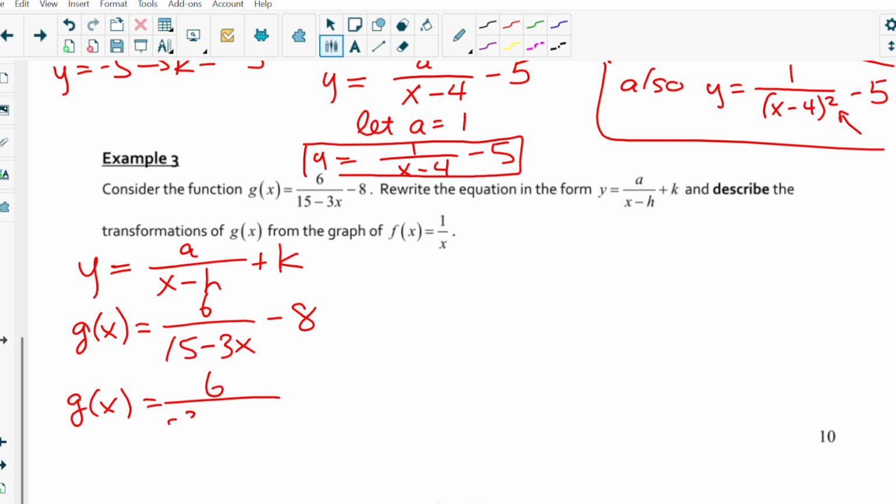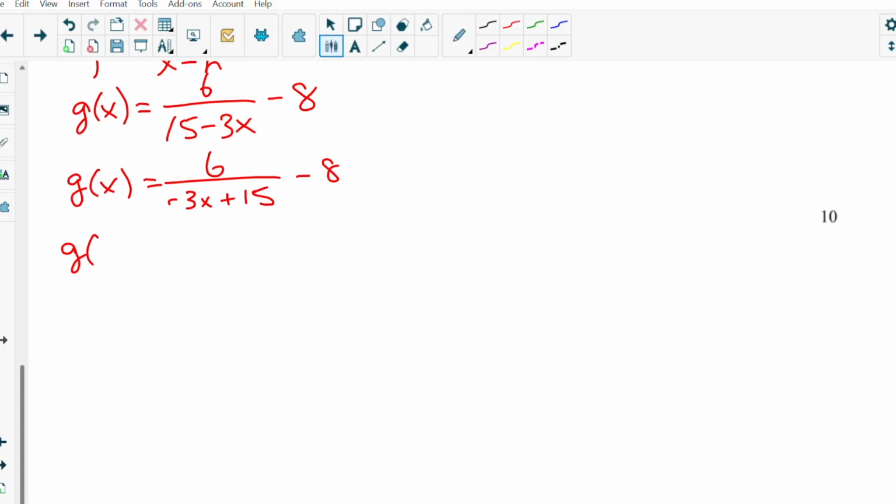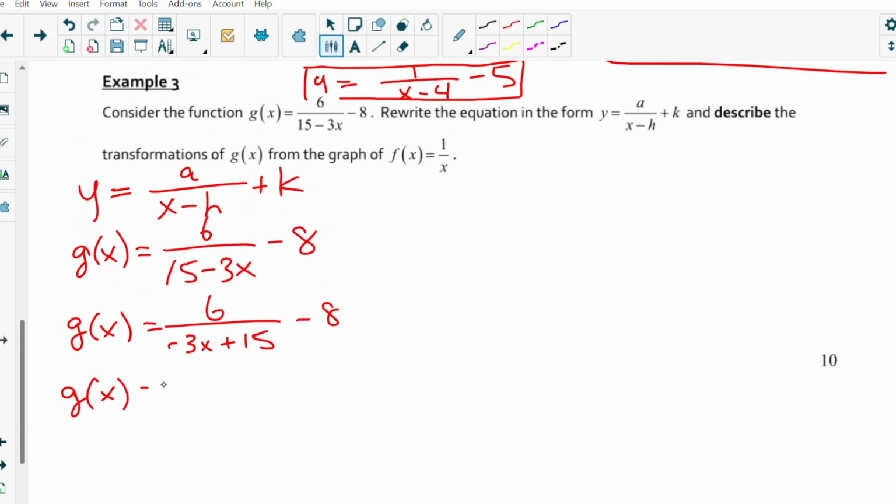First, let's reorder it, not changing the value, just reordering it, and then let's factor that denominator and see where that gets us. 6 over, I'm factoring out a negative 3, and that's x minus 5 minus 8. And so let's take a look at all of our transformations. What's going on here?